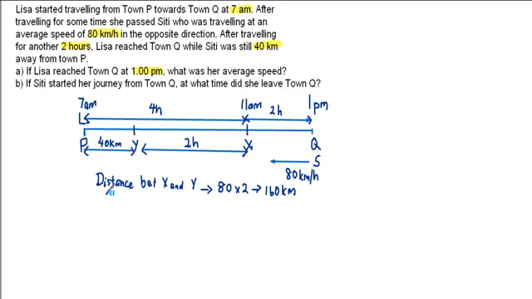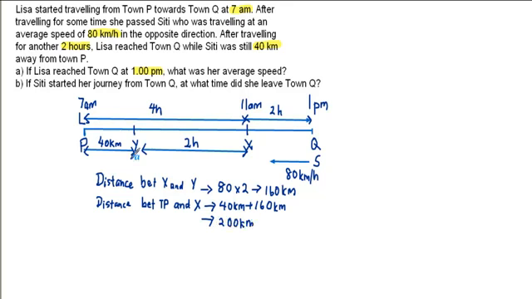Based on this, we can also find the distance between P and X. So distance between town P and point X is therefore 40 kilometers plus 160 kilometers, and this would give us 200 kilometers.